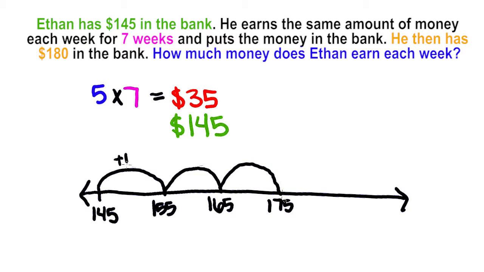Each of these times I was adding 10. I still need to add 5 more for 35, so I'm going to count by ones. 176, 177, 178, 179, 180. Our answer can now be justified because in the end, Ethan had $180 in his bank account.